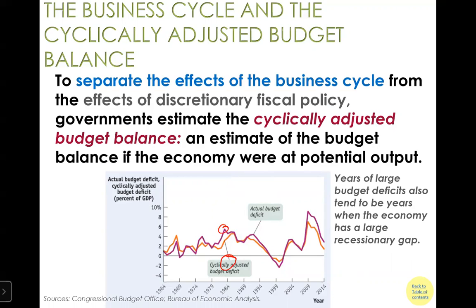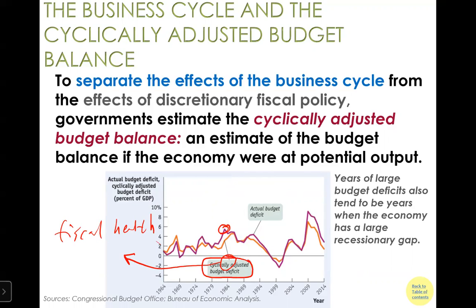And the reason we want to do that is that the cyclically adjusted budget deficit gives us better information regarding fiscal health. Think about the long run. In the short run, the actual budget deficit is much higher than the cyclically adjusted one.